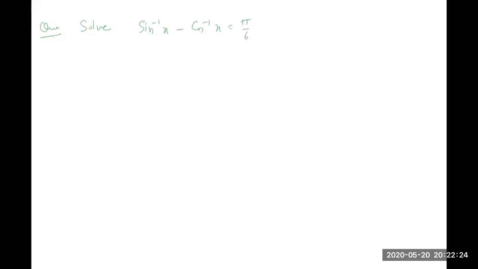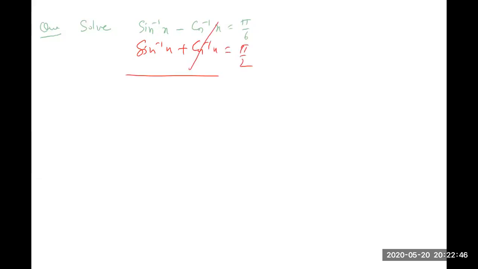See, one simple method of solving. One method is you convert this into both sine form and solve, which is really long. A simple method is to use the identity. We know that sine inverse x plus cos inverse x equal to pi by 2.